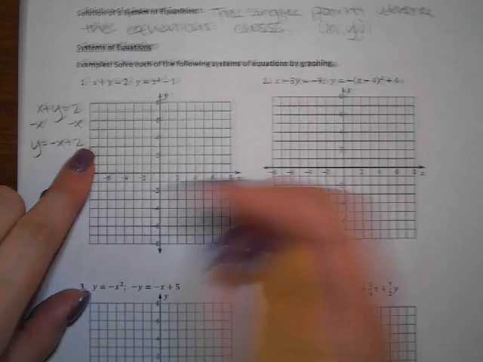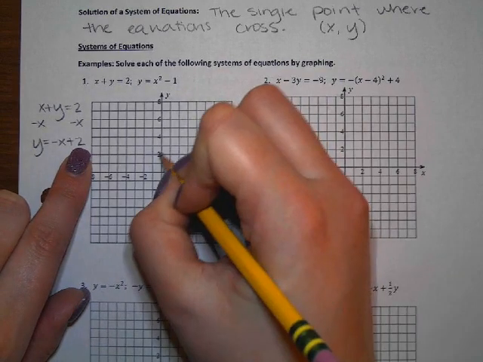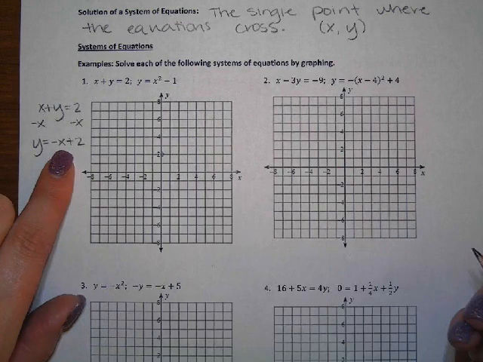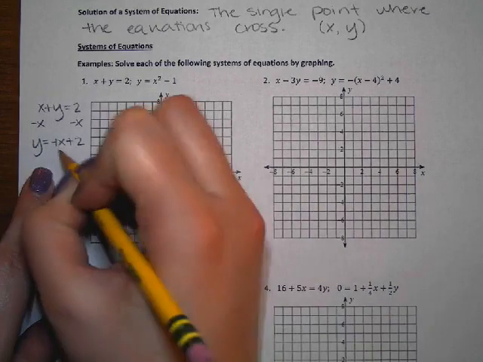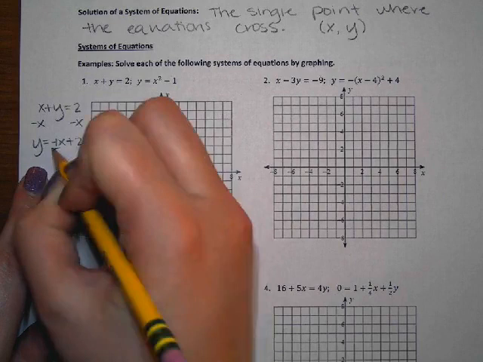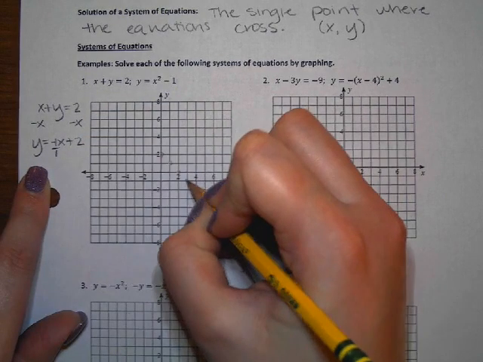In case you forgot, we start with the y-intercept, so we start at 2. Then we think of the number in front of x as a fraction. There's no number there, which means it should have been a 1. If we write the number 1 as a fraction, it would be 1 over 1. So we go down 1, right 1, down 1, right 1, down 1, right 1.